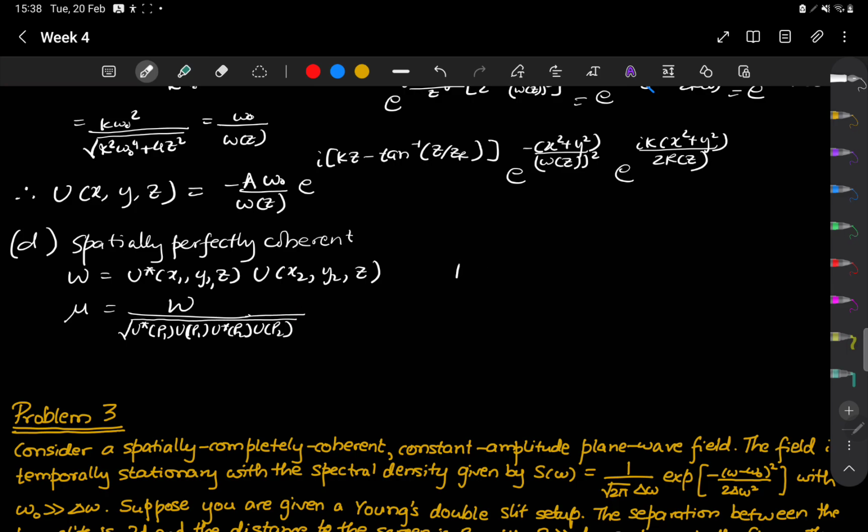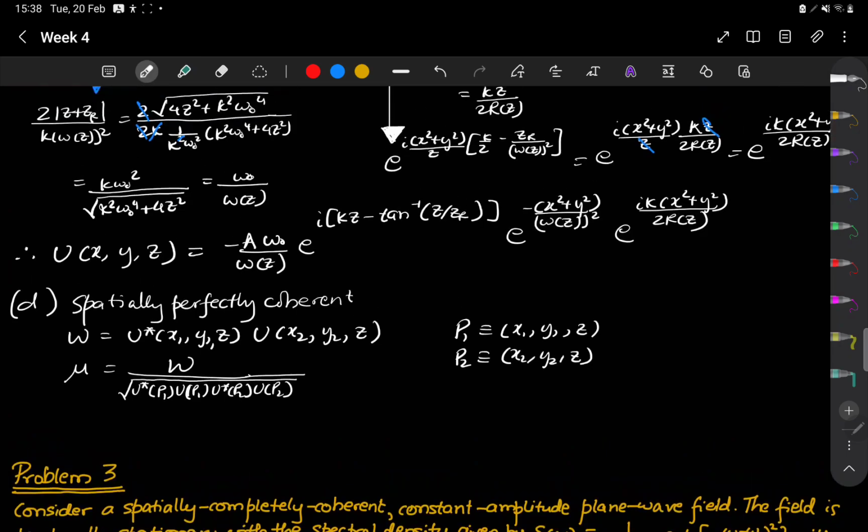So when I say P1 is essentially x1 y1 z, and P2 is x2 y2 z. So this, when you do it, everything in the numerator and denominator cancels out, giving 1.